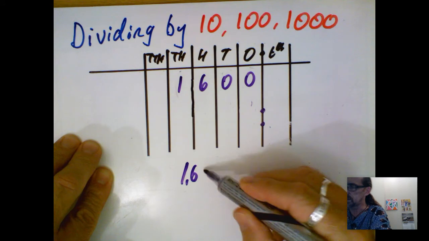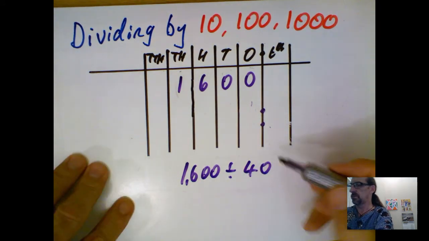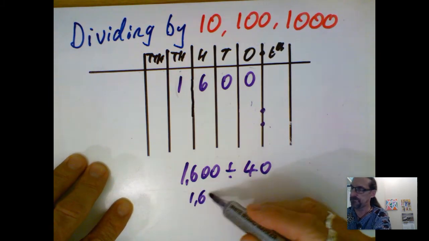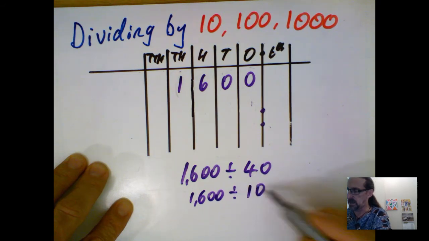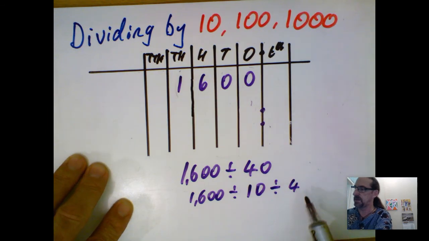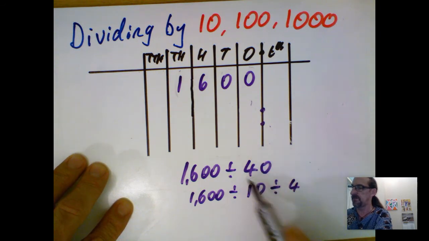So 1,600 divided by 40. Right, and this is going to be the same as saying 1,600 divided by 10 and divided by 4, because I'm using this distributive property because I can divide this by 10 and I can divide it by 4, which means that in total I would have divided by 40. That's how that works, right?